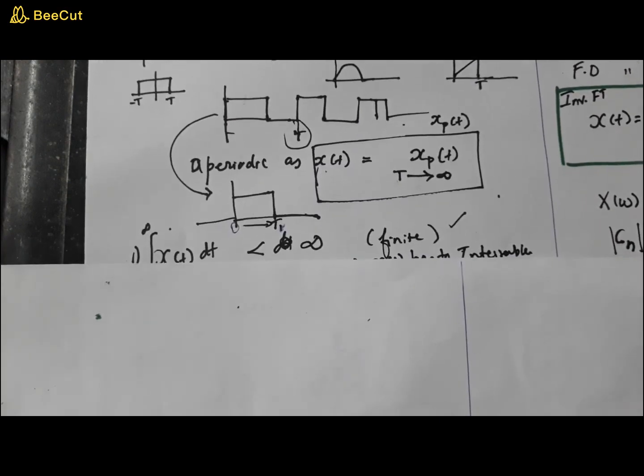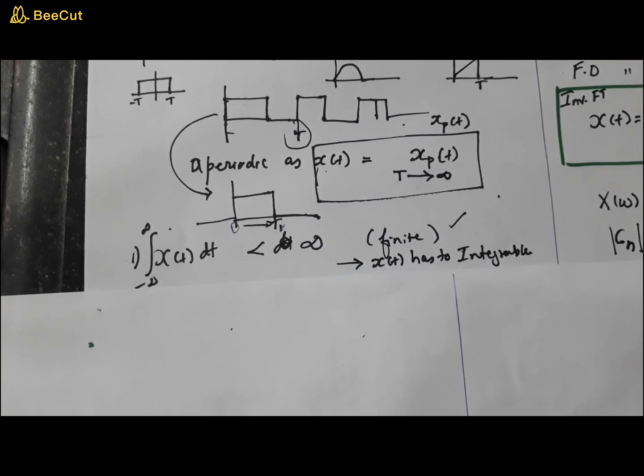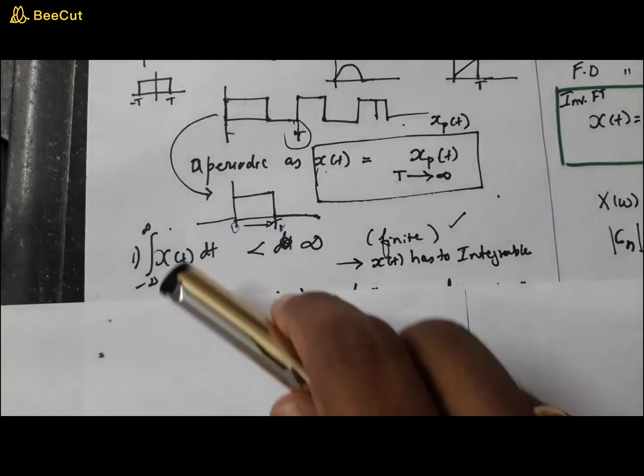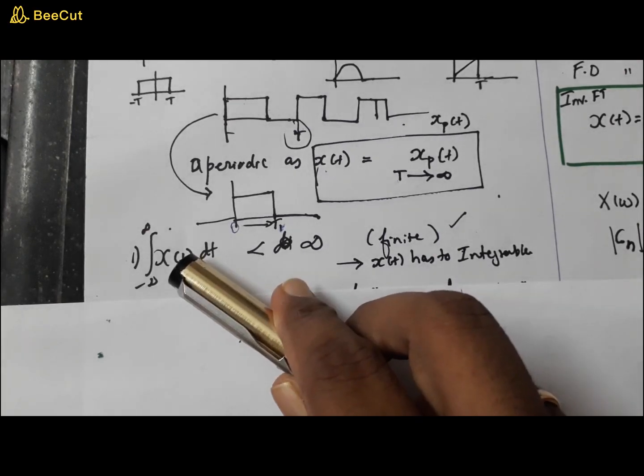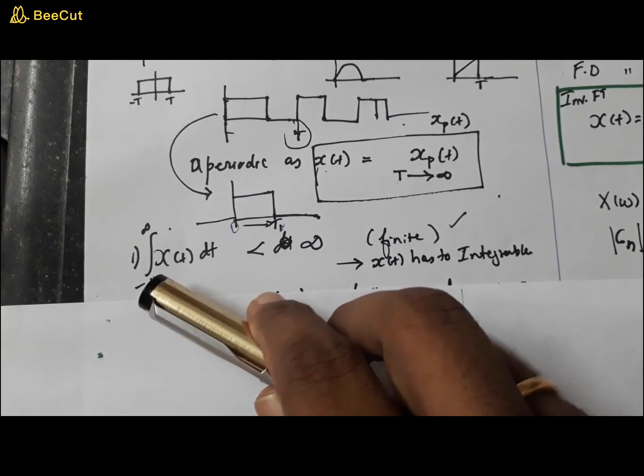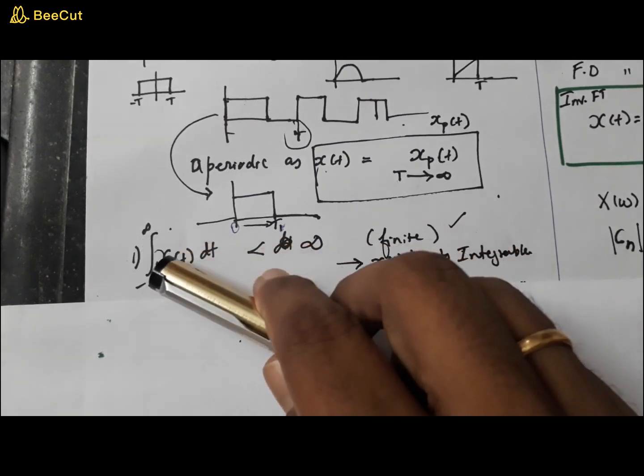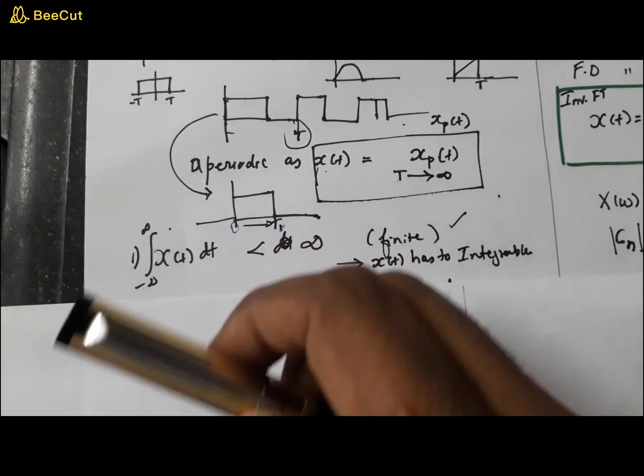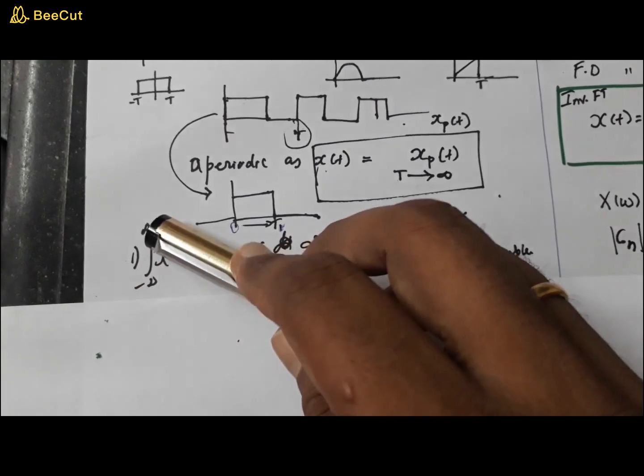in the continuous time Fourier transform, the x of t should satisfy certain conditions. These are called Dirichlet's conditions, as we studied in the case of Fourier series. Number one: x of t can have values anywhere between minus infinity and plus infinity.